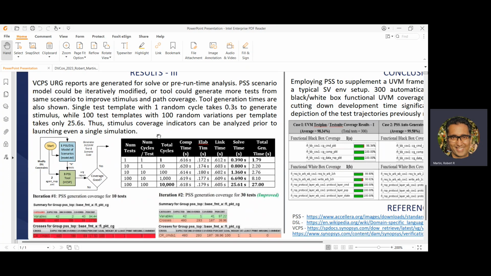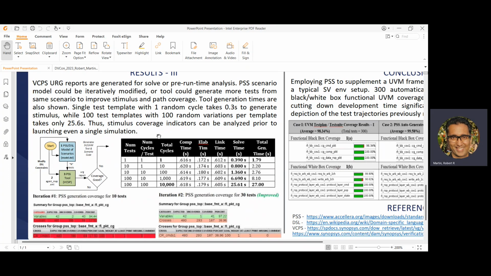During our analysis, we saw that a single test with a single cycle took only 2 seconds to generate a URG report, while a 10,000 cycle test took only 27 seconds, thereby allowing us to run this tool iteratively in a very short amount of time to see results improve over multiple iterations.